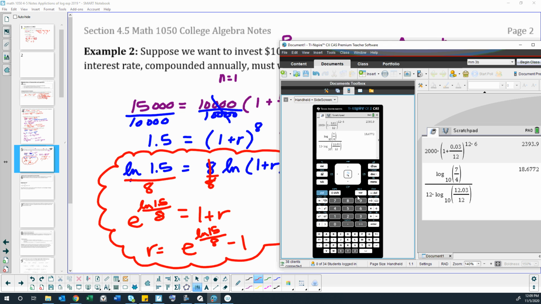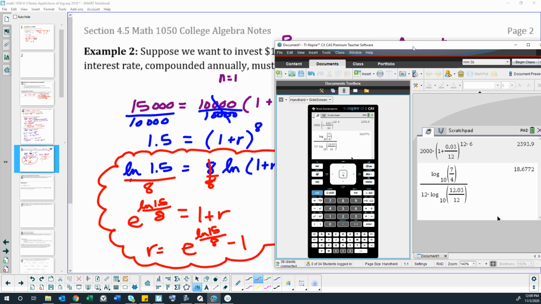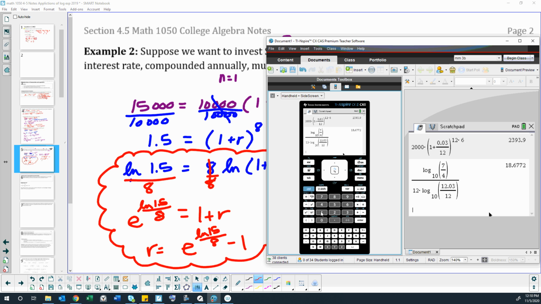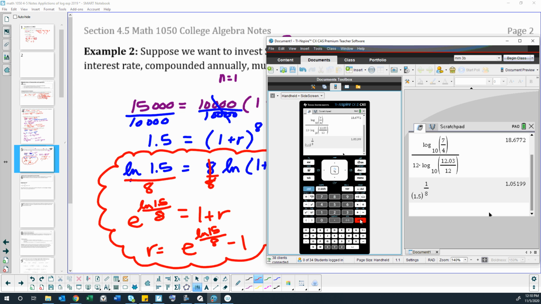Let's clear my screen. Oh, I don't remember how to clear my screen, so I won't worry about it. Okay, so we're going to type in 1.5 to the 1/8 power. Okay, so that's 1.0519.